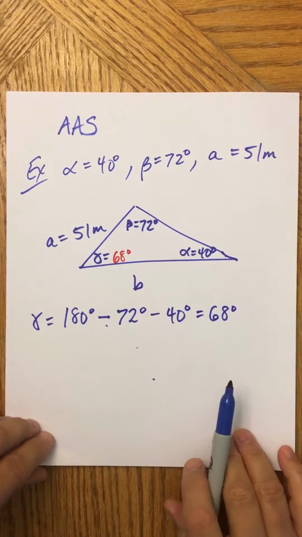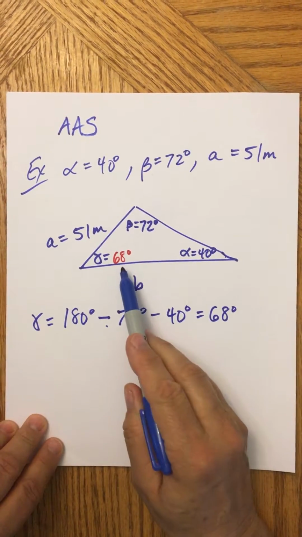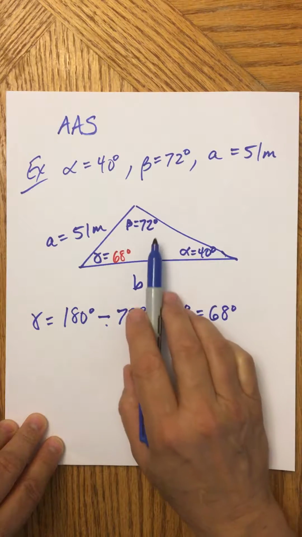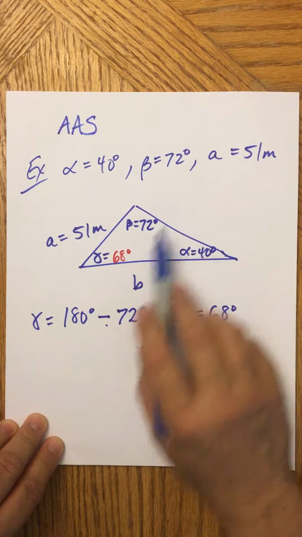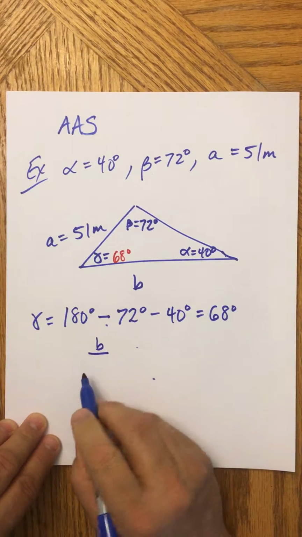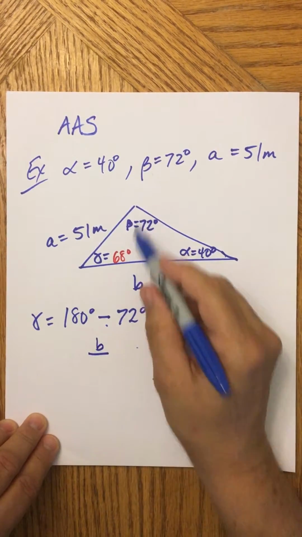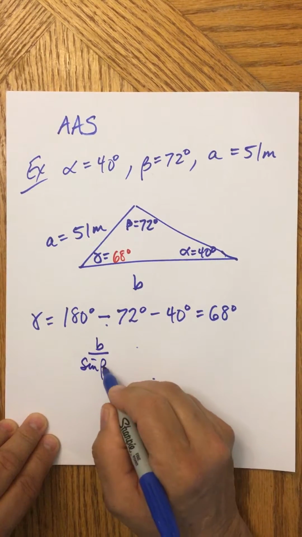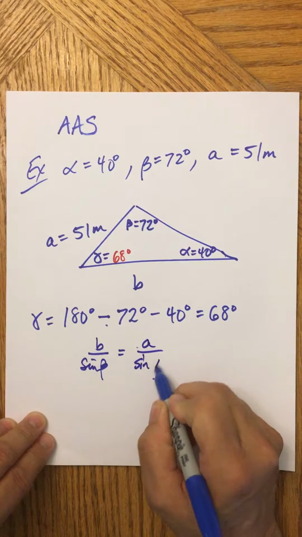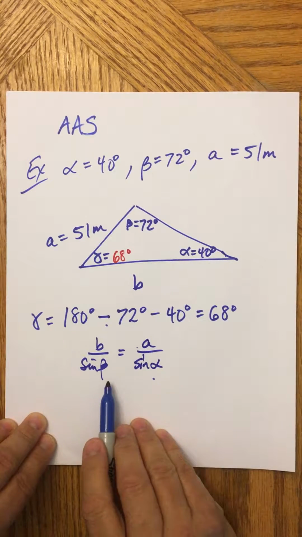From there, let's say I'm looking for side B. Since that's the unknown, I'm going to put that in the numerator. It makes things easier. So I'm going to say B is to sine of beta as A is to sine of alpha. And now start filling everything in.